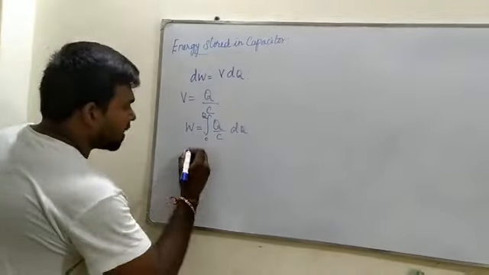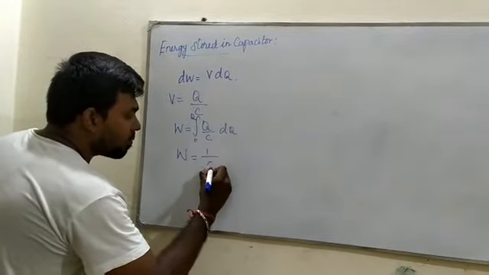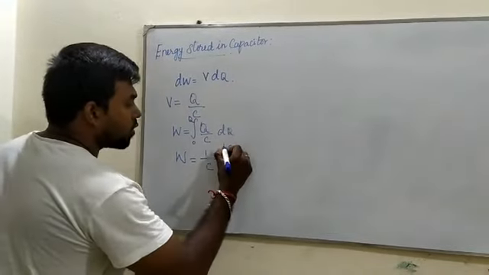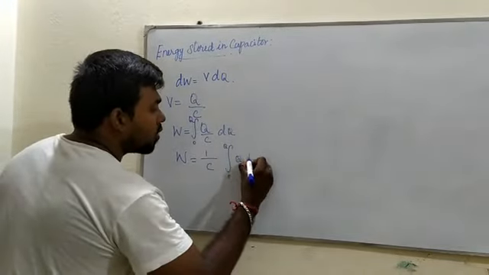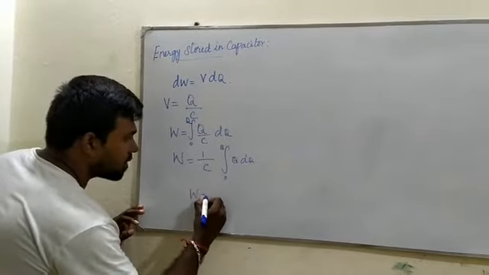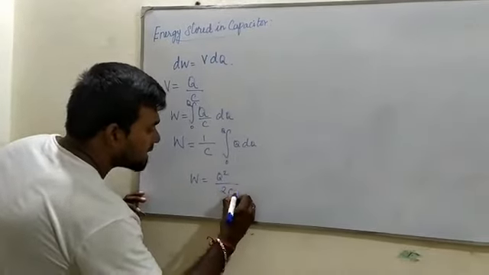So after taking 1 by C outside the integration, W is equal to 1 by C integral 0 to Q of Q dq. After integration, W is equal to Q square by 2C.